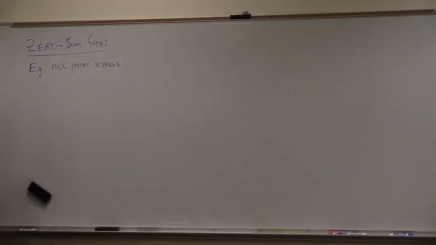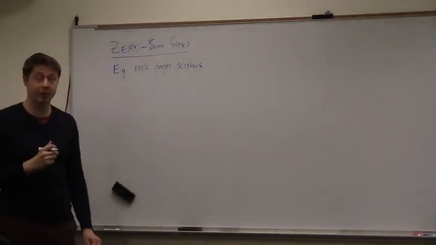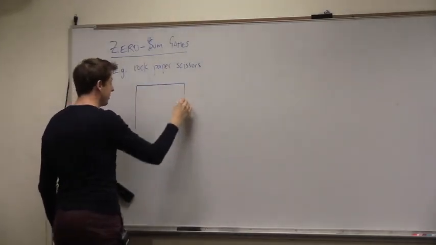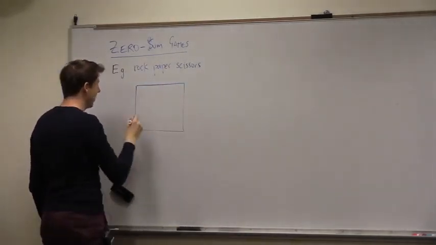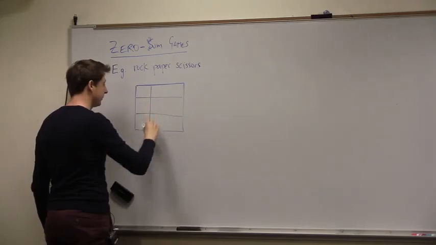Okay, so this is a familiar game. You play at the same time with somebody else, and we can abstractly represent this game via a so-called payoff matrix. Okay, so this payoff matrix is going to have 3 rows and 3 columns.